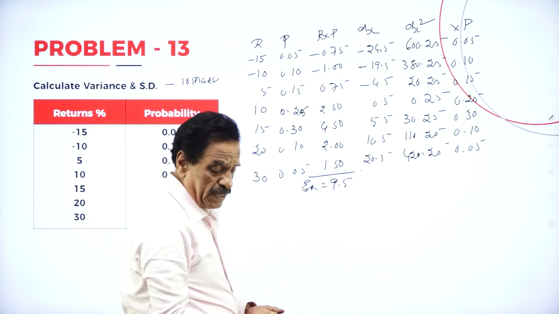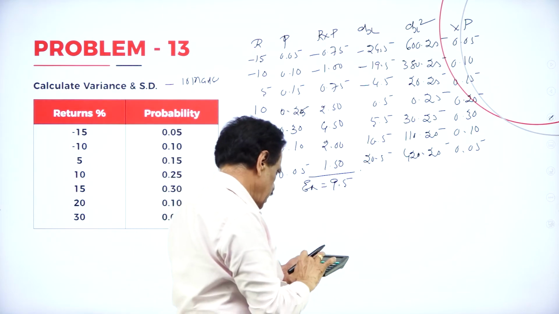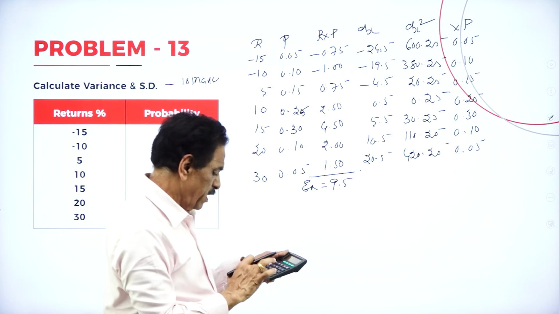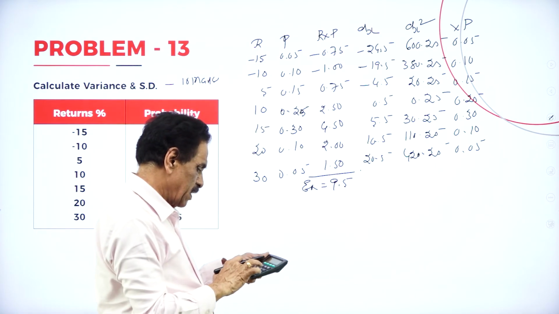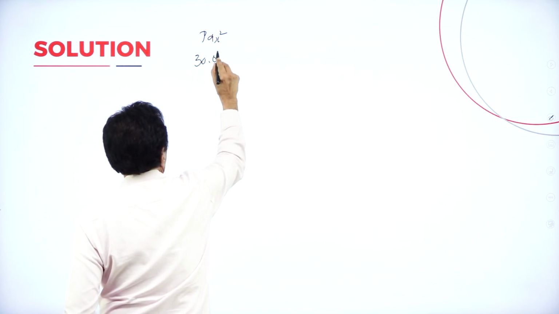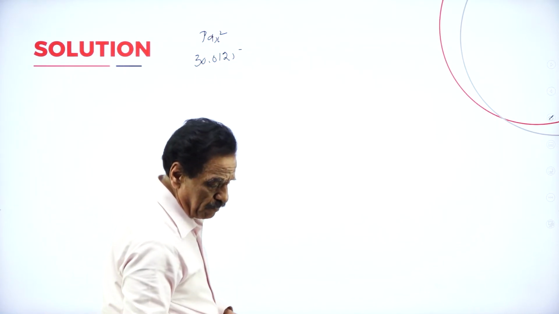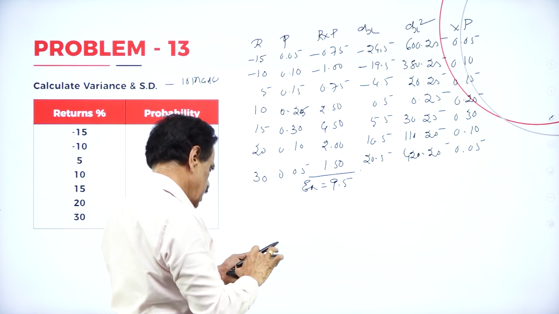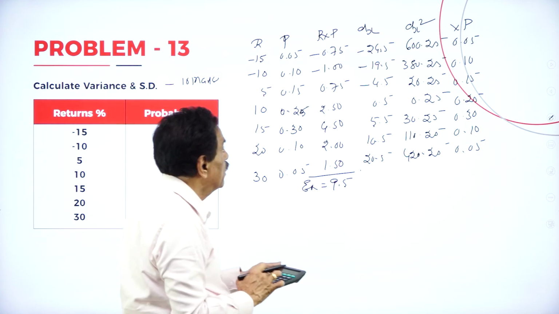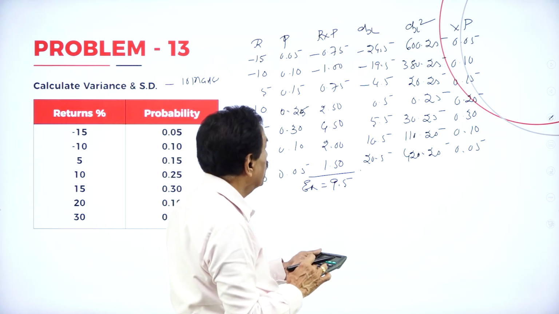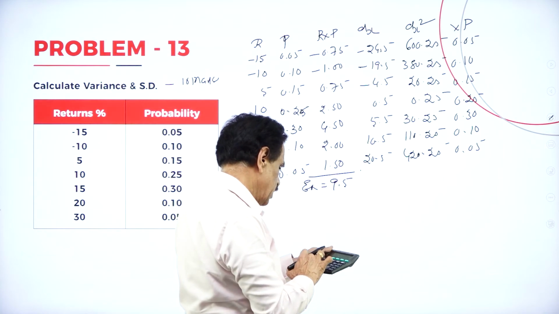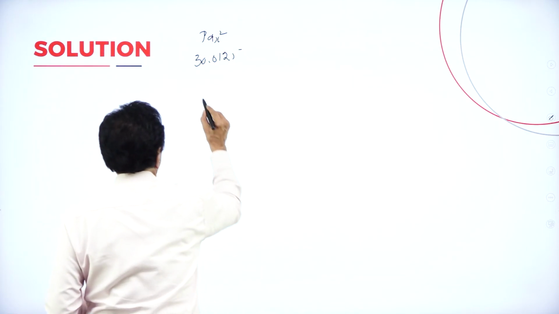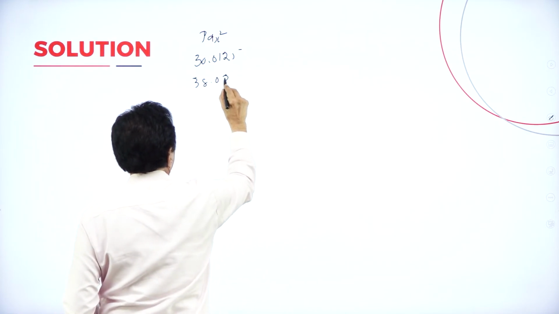First one, 600.25 into 0.05 is 30.0125. Second one, 380.25 into 0.10 is 38.025.